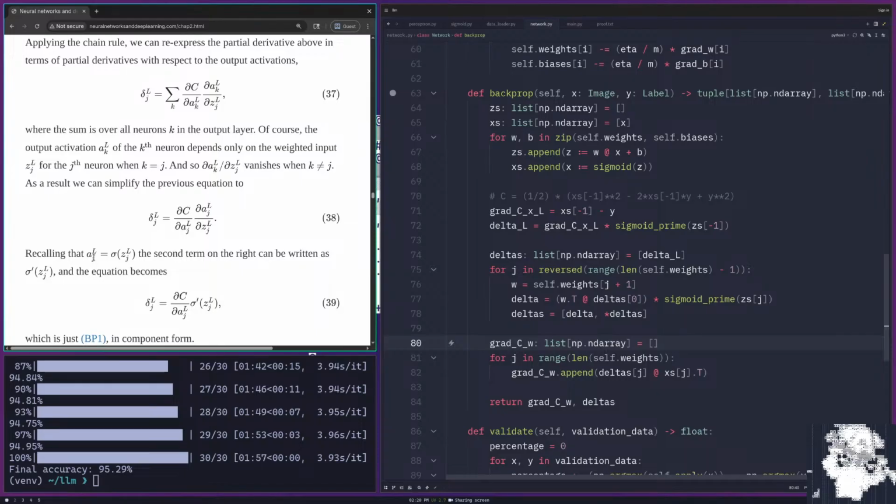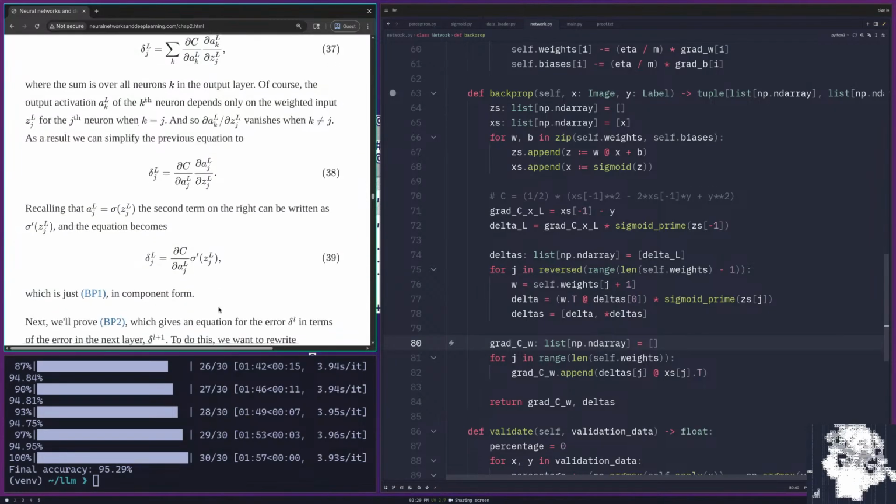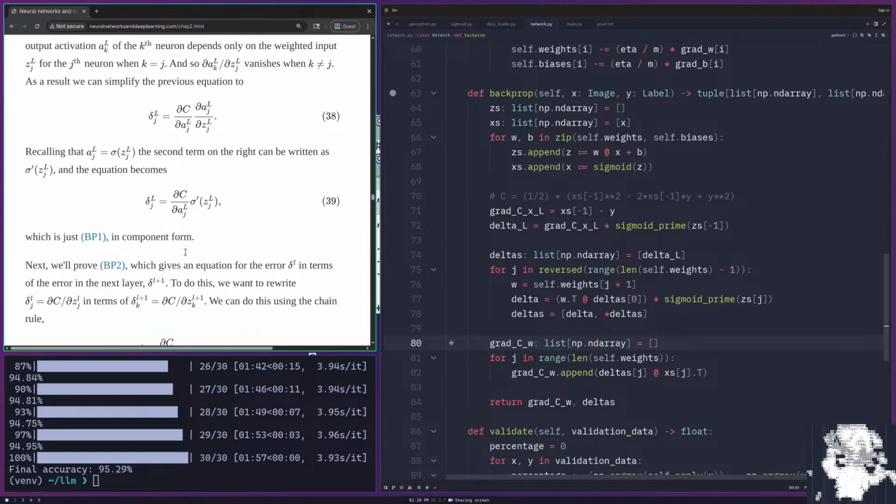Recalling that A of the final layer is equal to sigmoid of z of the final layer, the second term on the right can be rewritten as sigmoid prime of z of L. So this is the derivative of the sigmoid of z with respect to z, which just means sigmoid prime of z, which is just BP1 in component form.